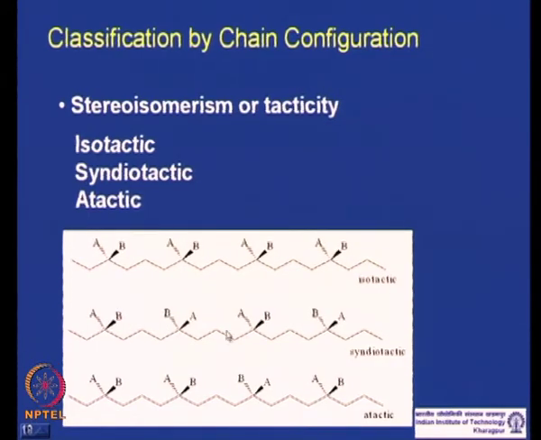If they have alternate stereochemistry from one monomer or repeating unit to the next, then we call it syndiotactic, and if the stereochemistry of the repeating units is randomly placed, with no order, they are named atactic. So, same stereochemistry for all repeating units is isotactic, alternating one after another is syndiotactic, and no order or random placement is atactic.